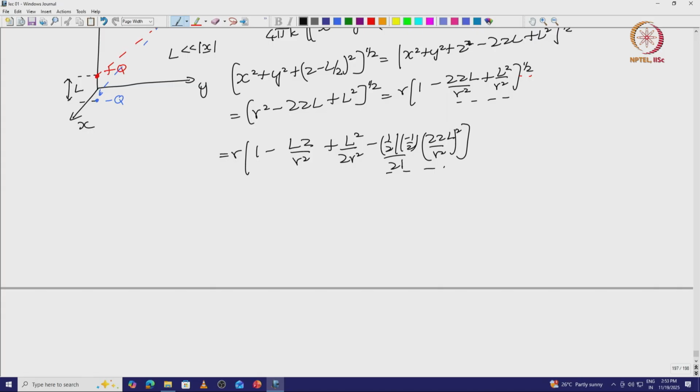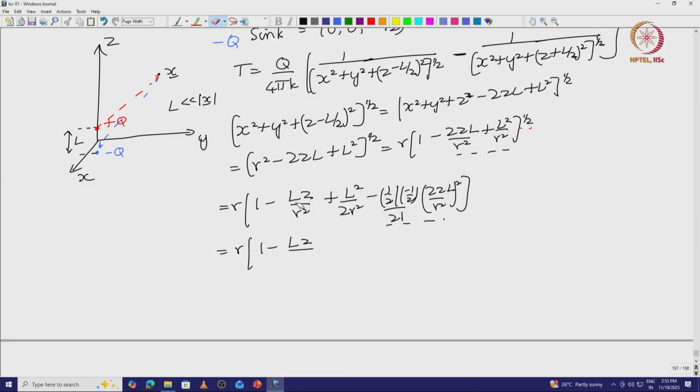And once I do that, I will get r into 1 − Lz by... let me correct here. There was a mistake that has propagated down, so let me just correct that. This is L by 2 here.